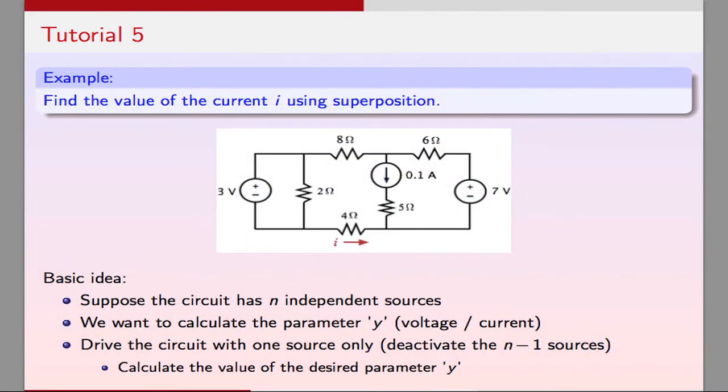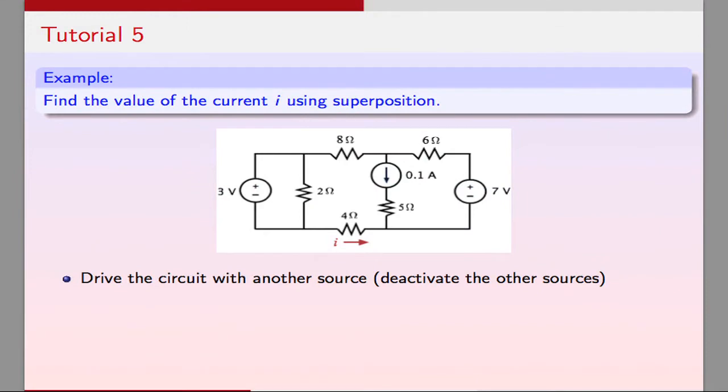Now, for this new circuit, calculate the desired parameter, which is y. After that, drive the circuit with another independent source and again deactivate all the remaining sources.